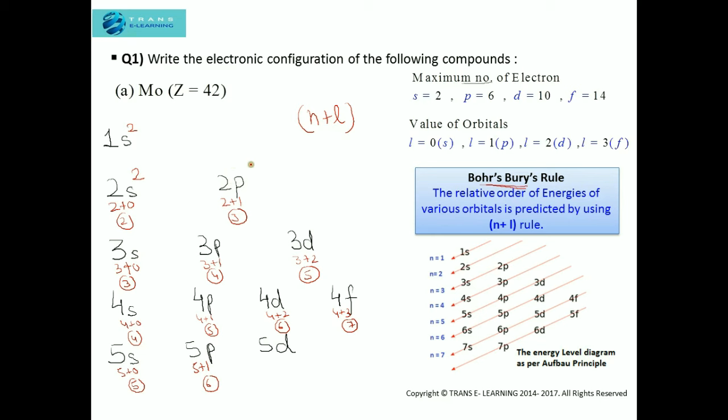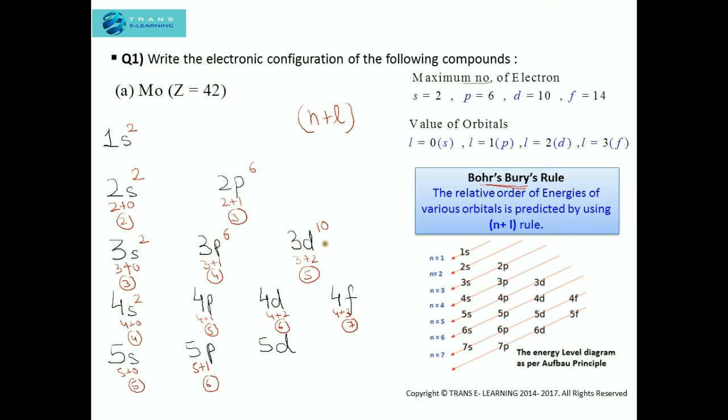So I will fill 2p first and then 3s. Now comes 3p and 4s. Both of them have the same n plus L, but 3p has lower principal quantum number, so I will fill this first and then this one. And now in case of 3d and 4p, I will fill 3d first.